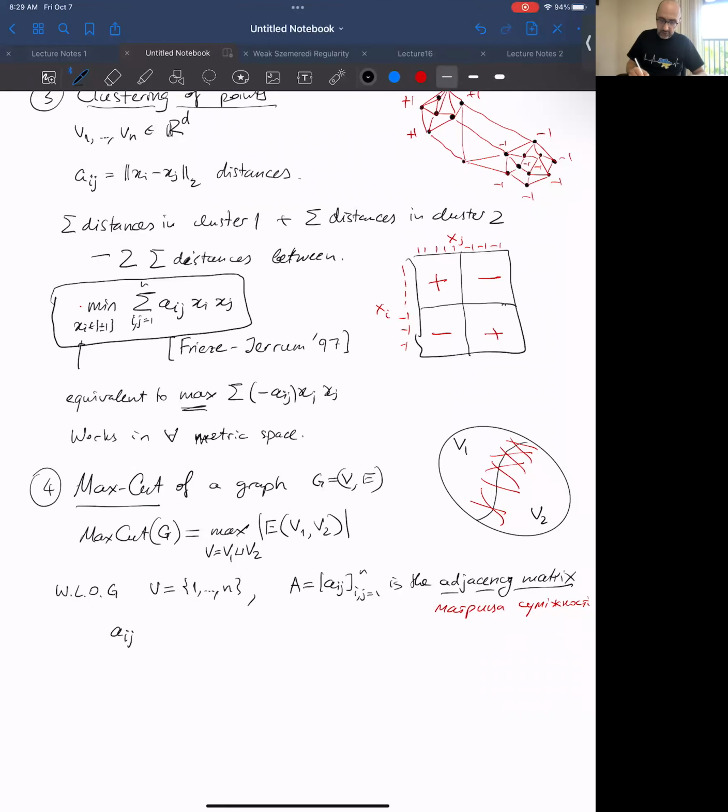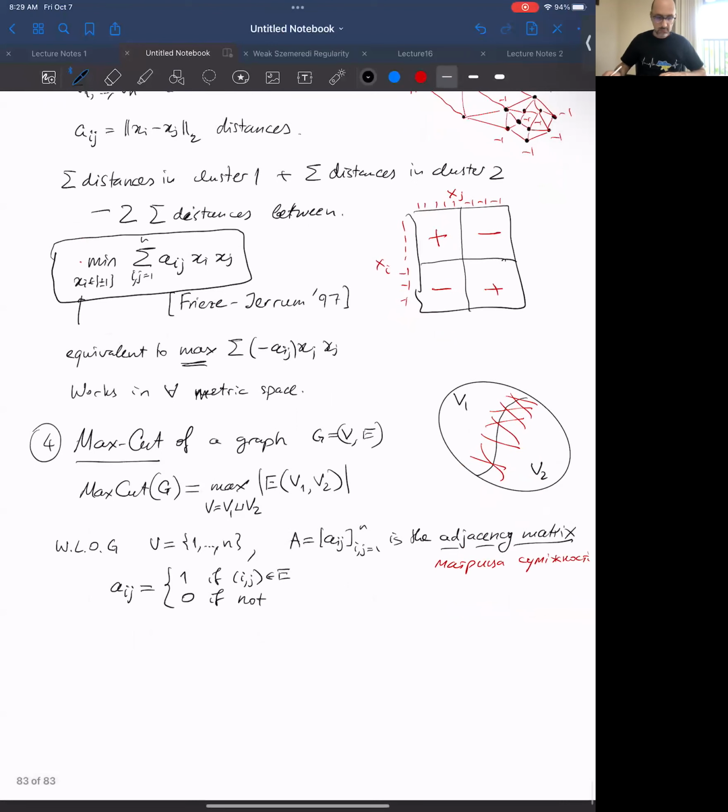So Aij is 1 or 0, depending on whether there is an edge, a connection between the vertices or not. Okay, how do we compute now the number of edges between the two sets of vertices?